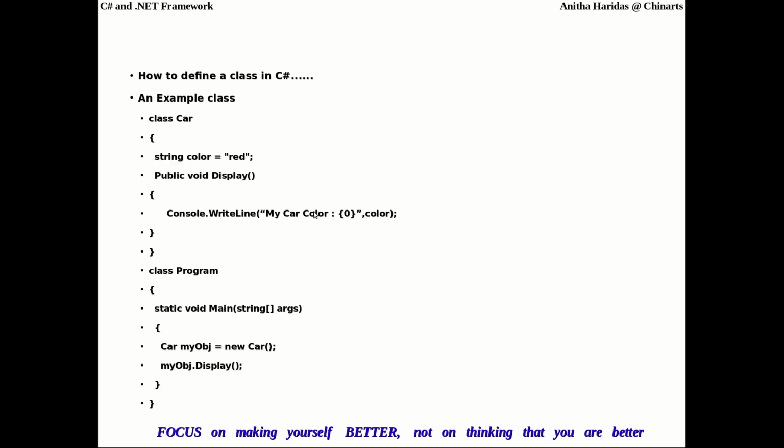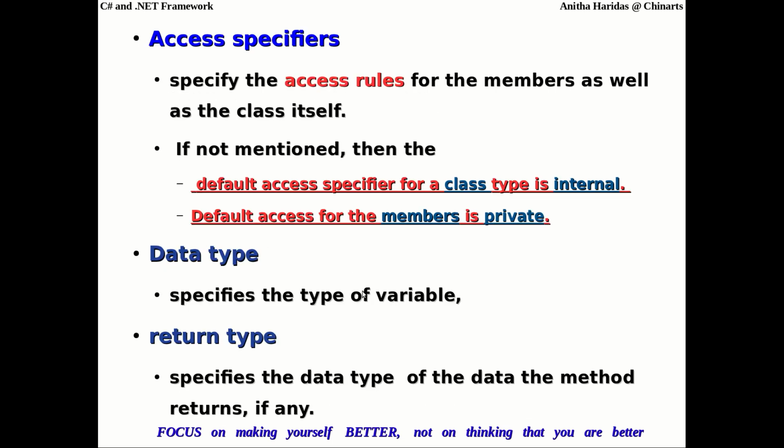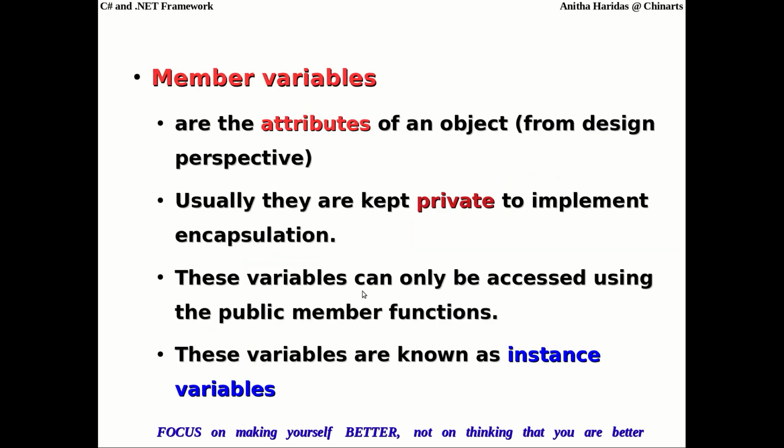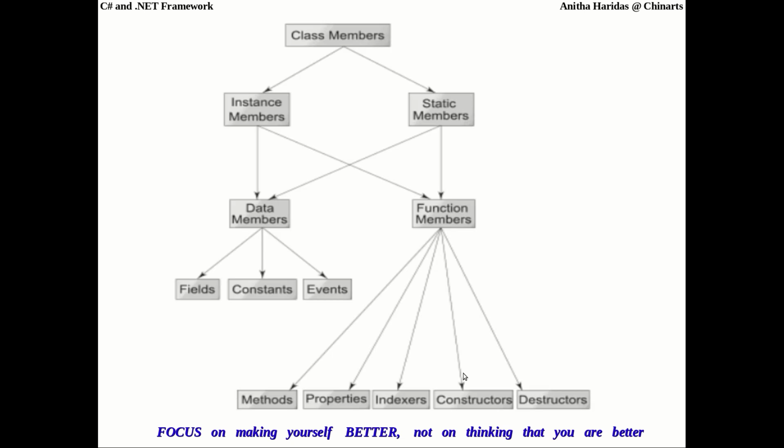For example, I am defining a public method here which will be accessing the private member variable. That is what is specified here. The member variables can only be accessed using the public member function, and these variables are known as instance variables. We call them instance variables.